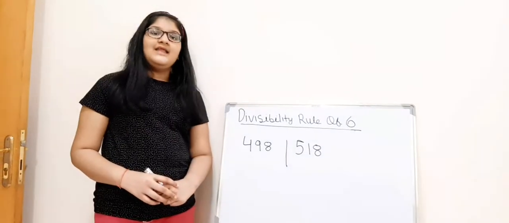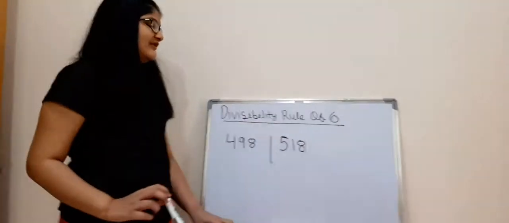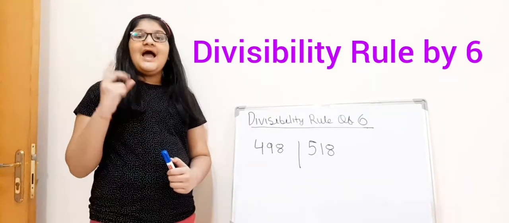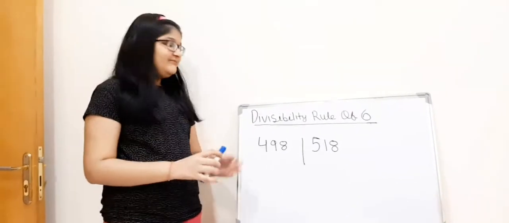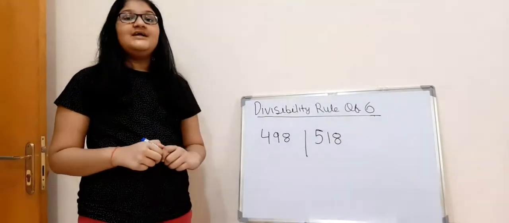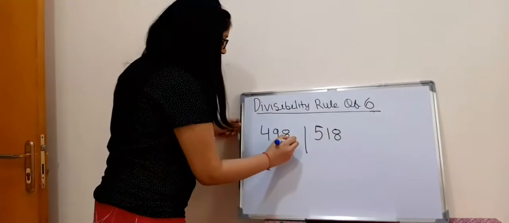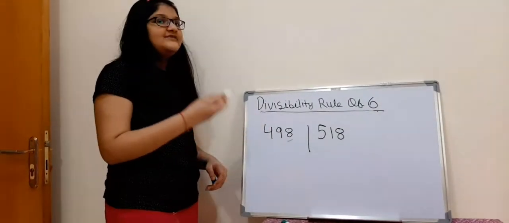So, now, let's see the divisibility rule of 6. In the divisibility rule of 6, the number should be divisible by 2 and 3 as well. Okay, by both 2 and 3. So, what was the rule for 2? The unit digit should be an even number or 0. So, over here, the unit digit is an even number. So, 498 is divisible by 2.